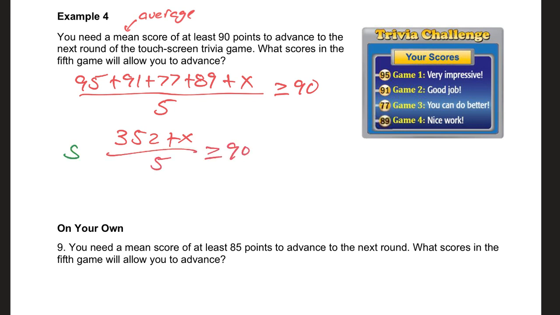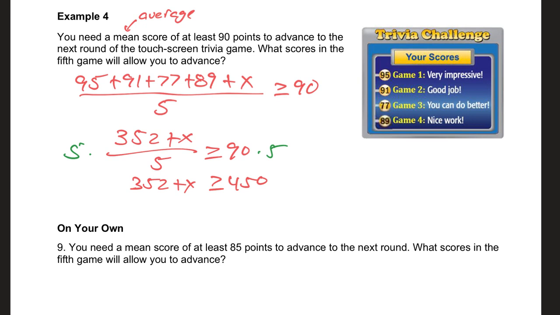So at this point, I'm going to multiply both sides by 5. When I do that, I'm going to get 90 times 5, and 9 times 5 is 45, so 450. And on the left-hand side, you get 352 plus x.